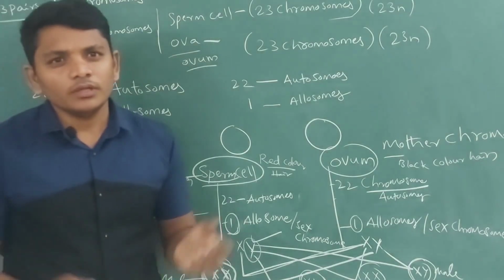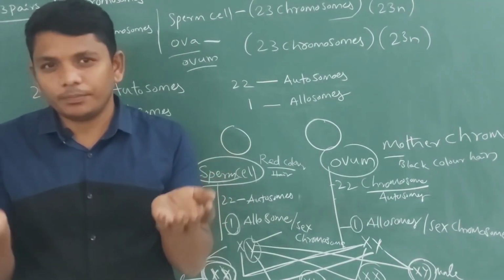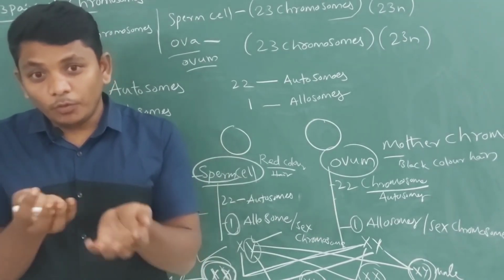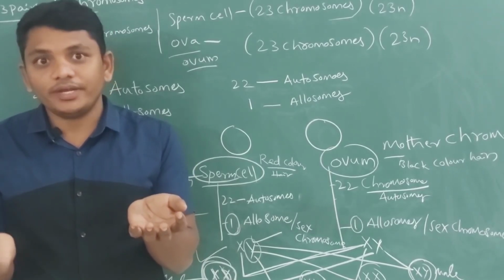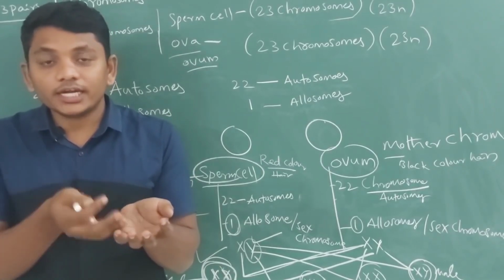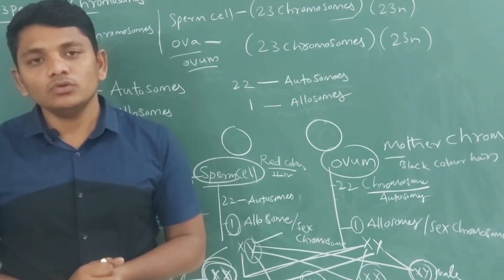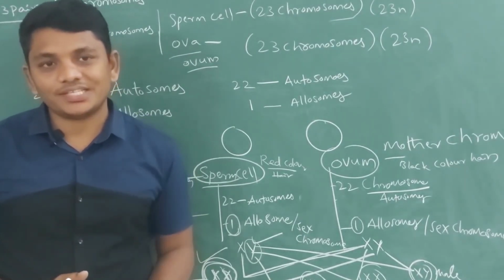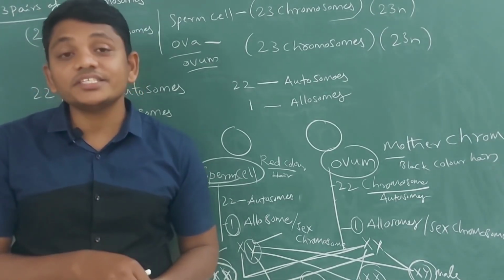This means two types of traits are coming from the mother and father. Among these two, if one is dominant, then this dominant character will come in the next generation. The one which is suppressed, which is dominated by the other, is called a recessive character.